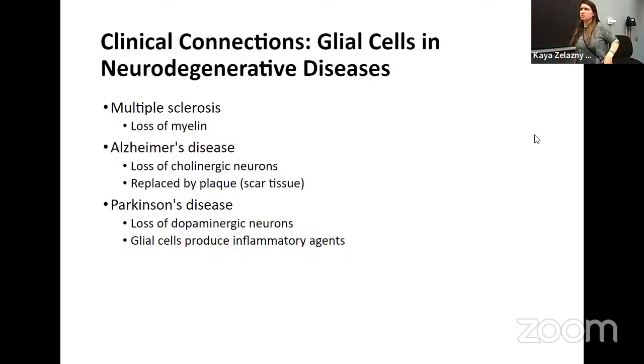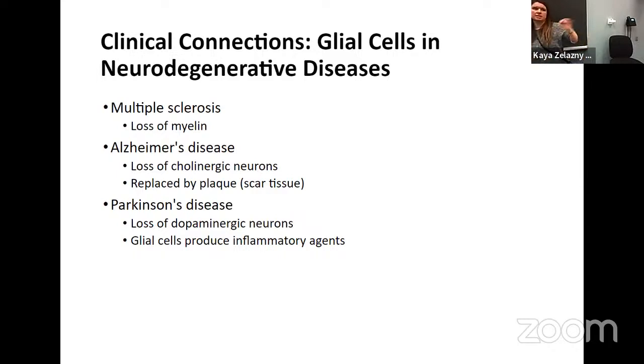So glial cells are often one of the things that are breaking down in some neurodegenerative diseases. So it's not always that you physically have neurons dying off. It's often these supportive cells that are dying off or creating scarring or somehow malfunctioning, so they can't protect your neurons in the way they usually would.